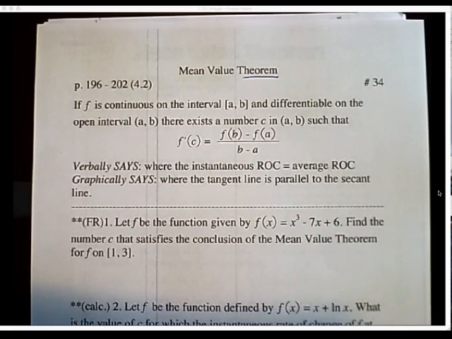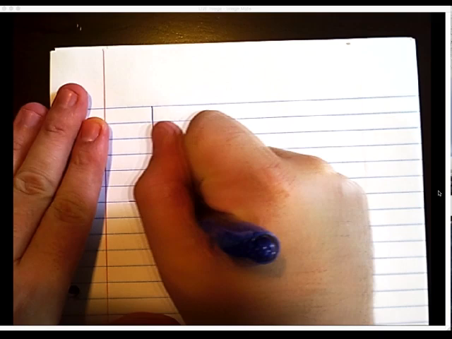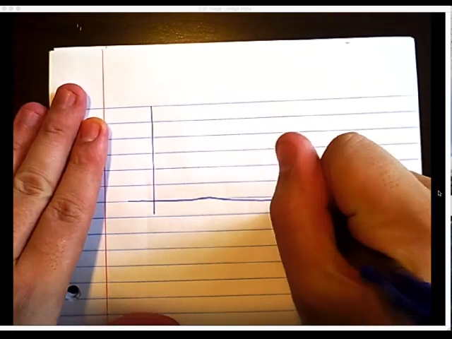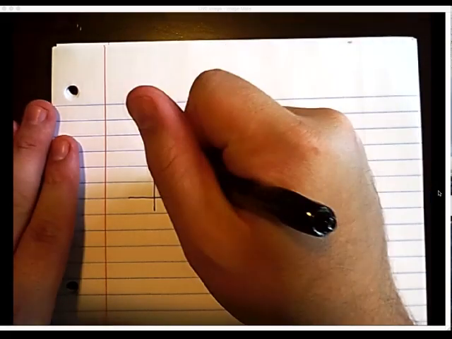So let me do a picture to help you understand this theorem. So here we go. So say we have some function.